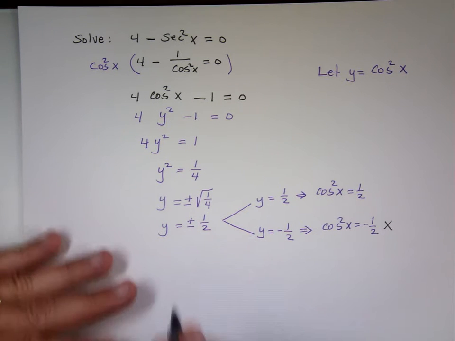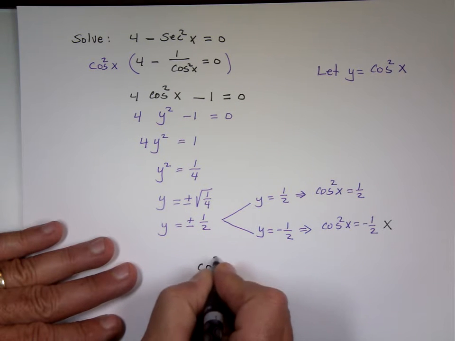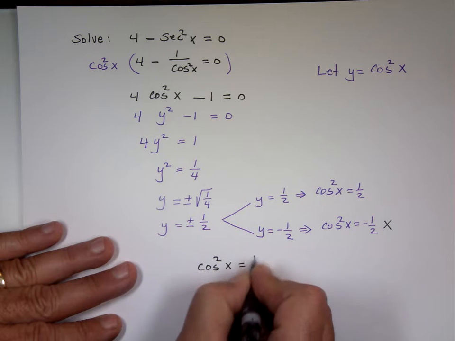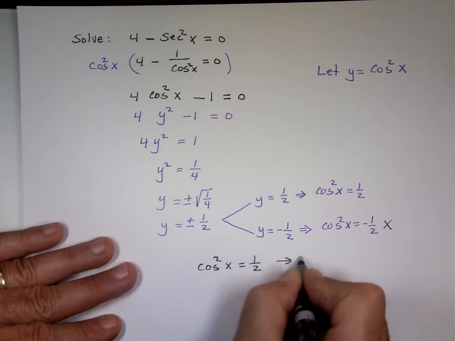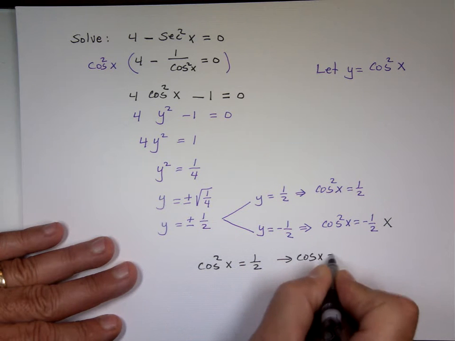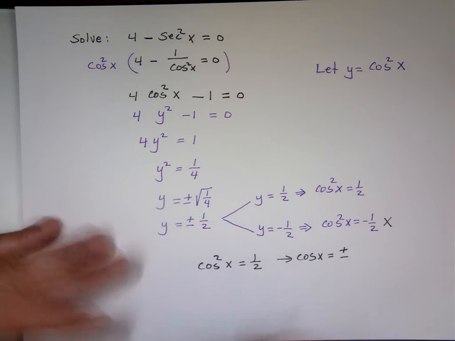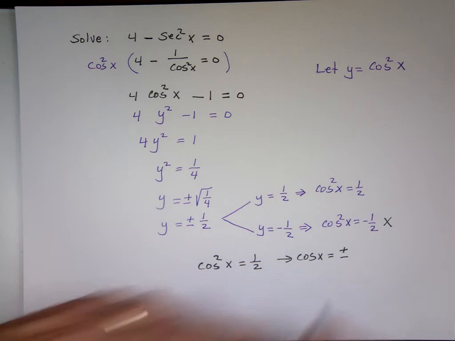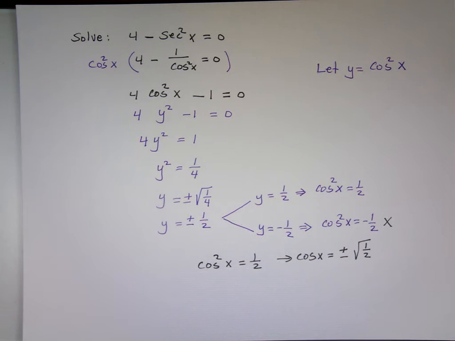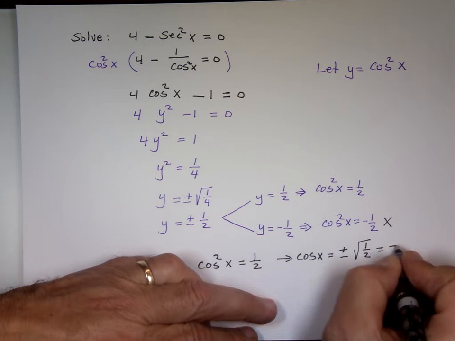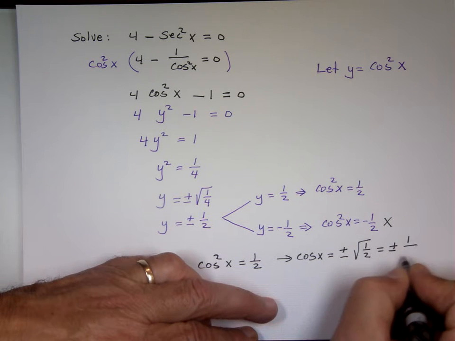That says cosine squared x equals 1/2. That means take the square root of both sides. That means cosine x equals what? Plus or minus, always plus or minus, the square root of 1/2. Which is plus or minus 1 over the square root of 2.